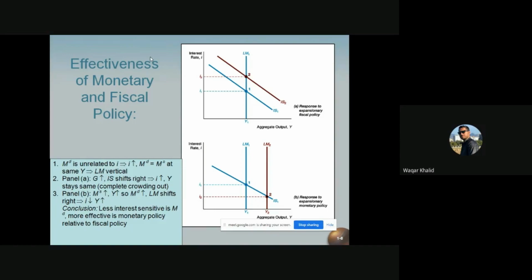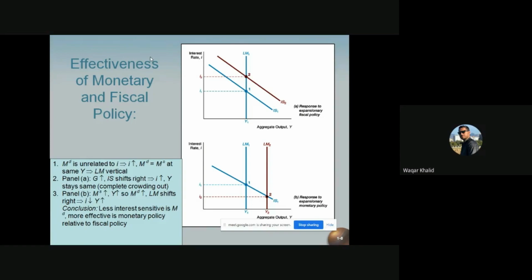If investment and net exports fall, that fall will offset the increased spending of the expansionary fiscal policy. Or we can say that increased spending that results from expansionary fiscal policy has crowded out investment.